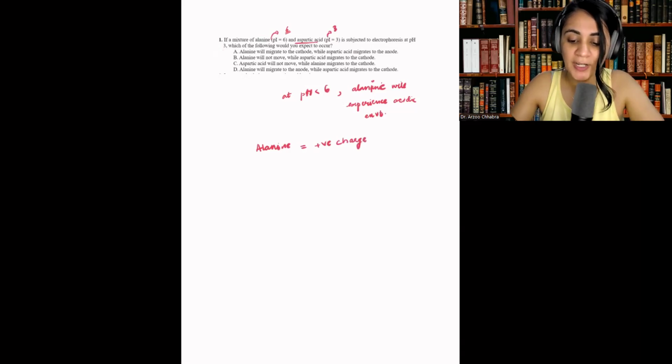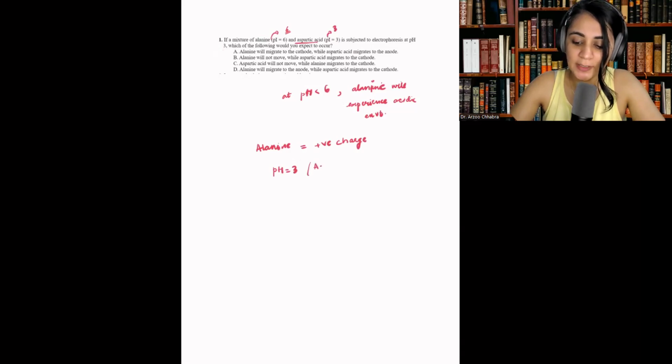Okay, and then aspartic acid, if it has a pI of 3, what it really means is that at pH equals 3, it's going to be a neutral molecule, or a Zwitterion.